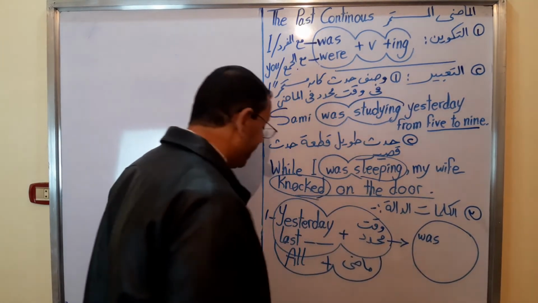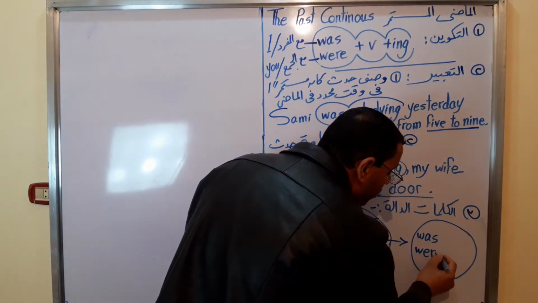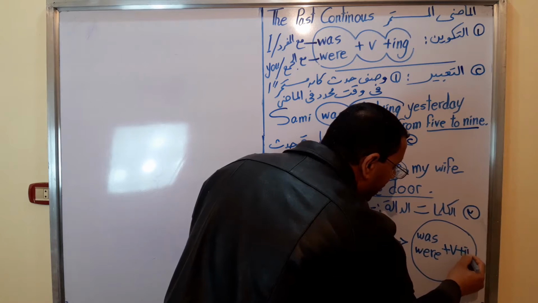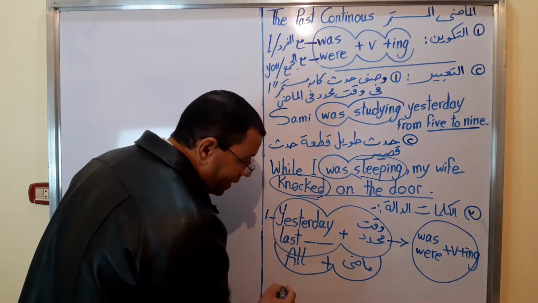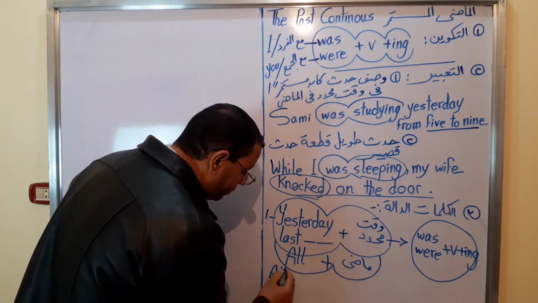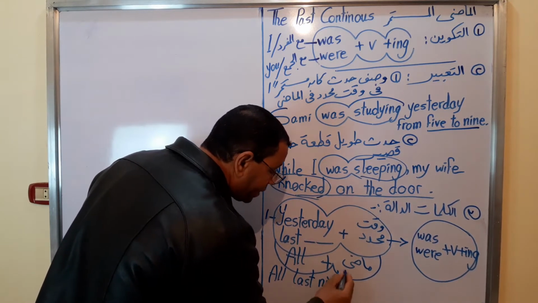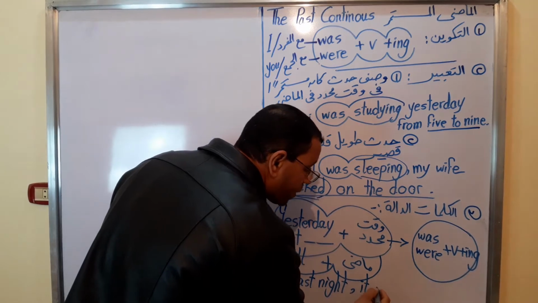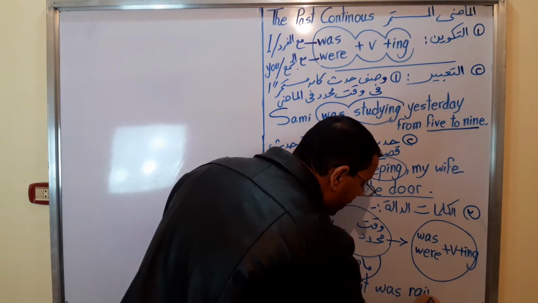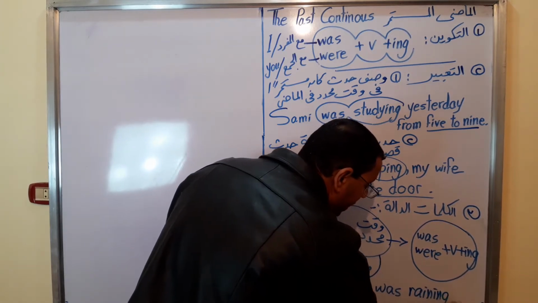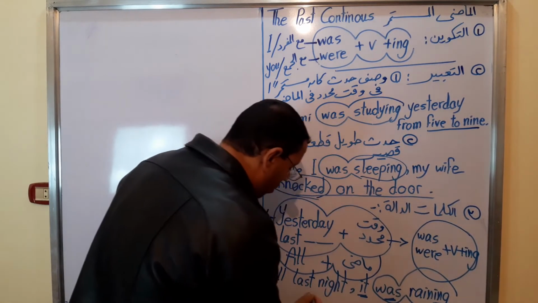If I find yesterday plus a specific time, or last plus a specific time, I choose was or were plus verb ing, the past continuous. For example: it was raining all last night.